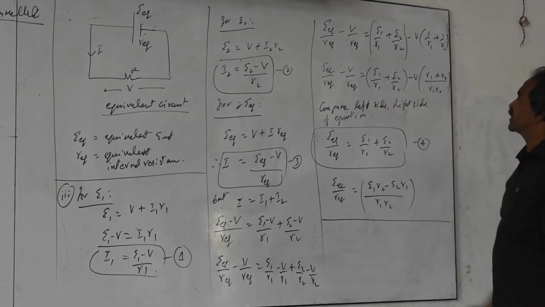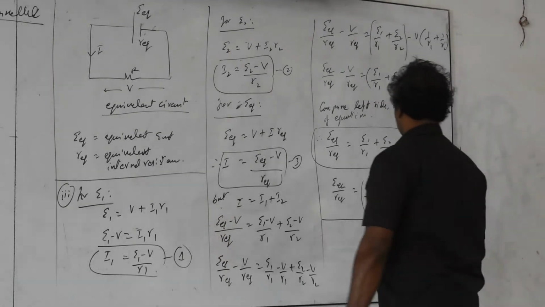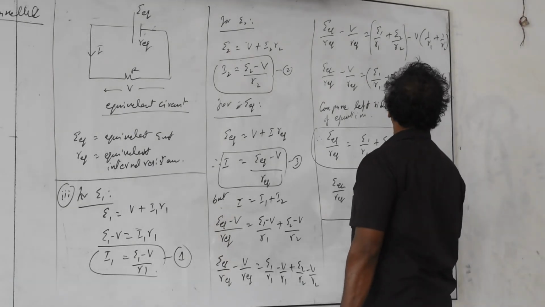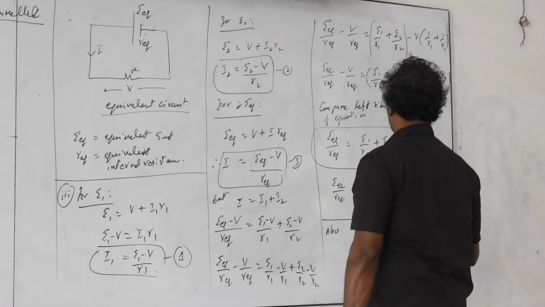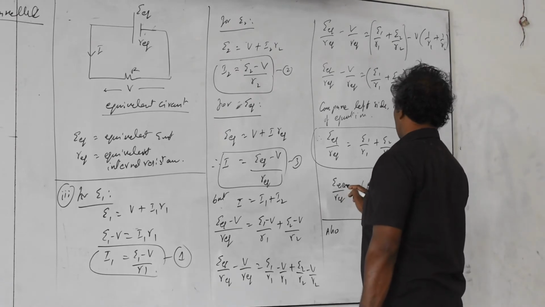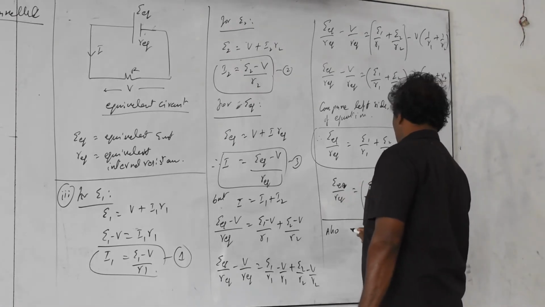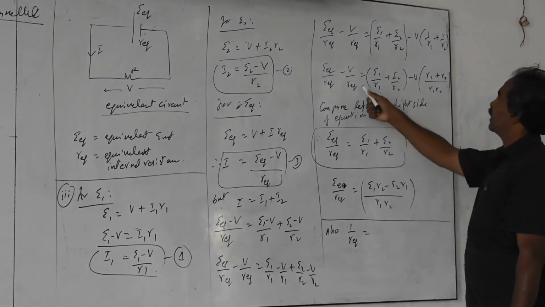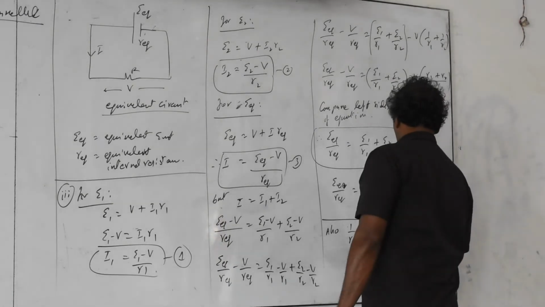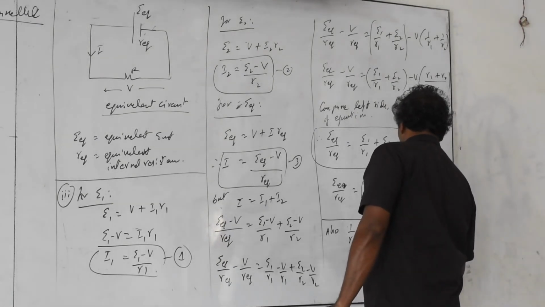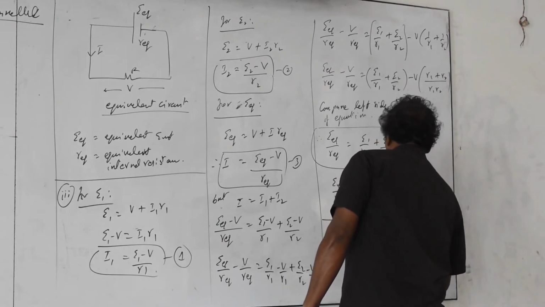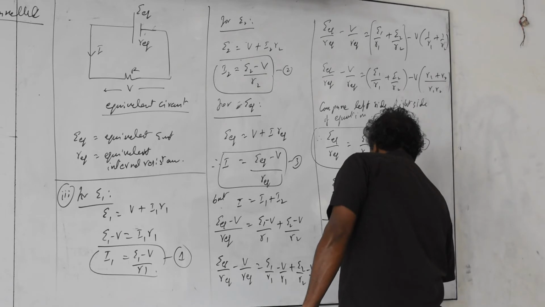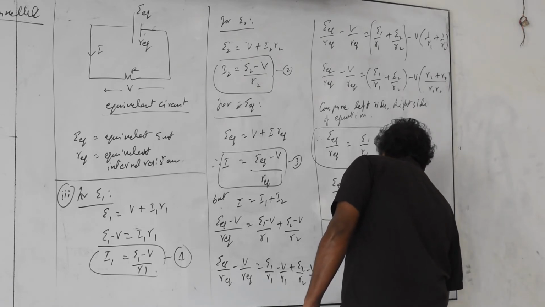From this expression we get the value of R equivalent. 1 by R equivalent is equal to R1 plus R2 by R1 R2. But we want R equivalent. Therefore, R equivalent is equal to R1 R2 by R1 plus R2.